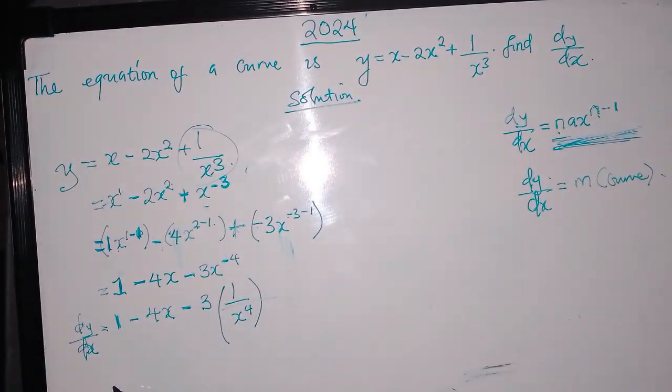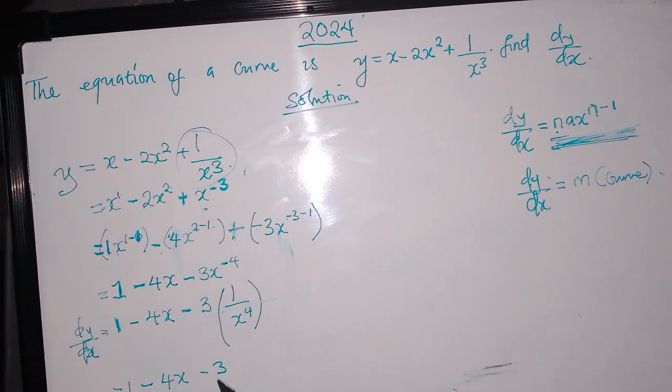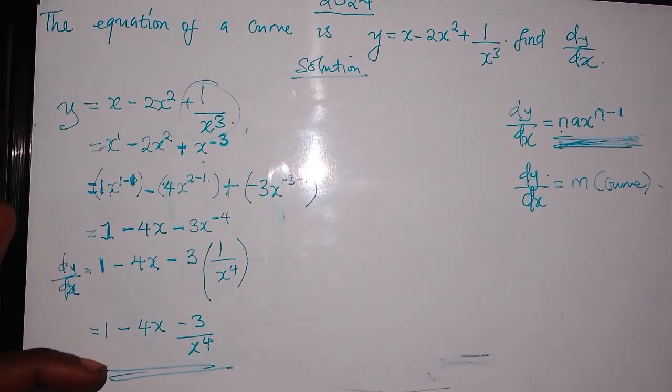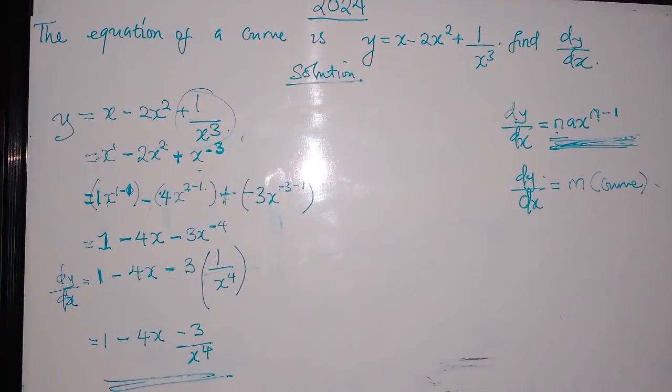Then you multiply it with 3. So your final answer will be 1 minus 4x minus 3 over x to the power 4 as your dy dx. So this is how simple questions on calculus come.